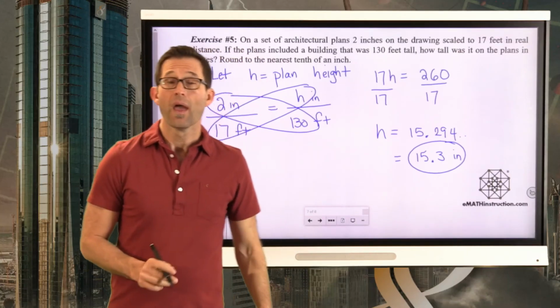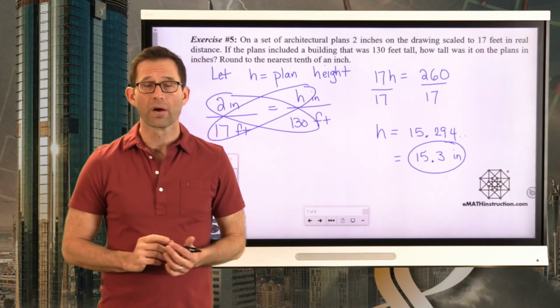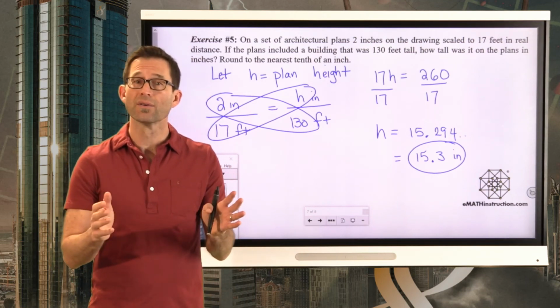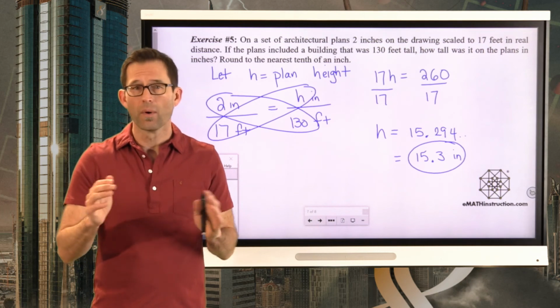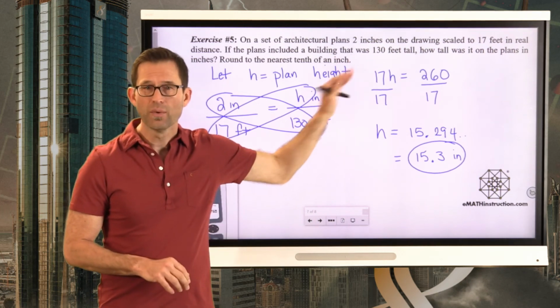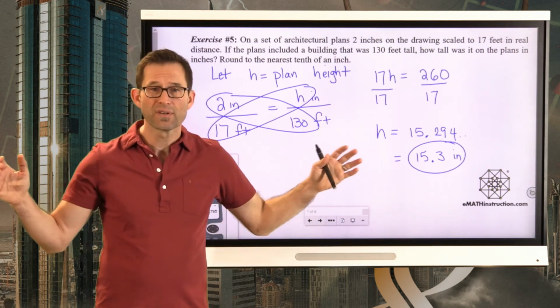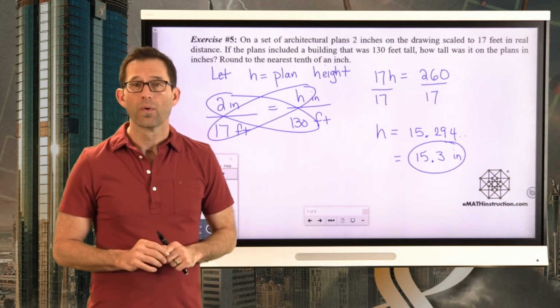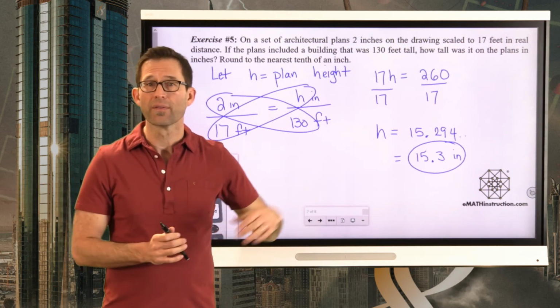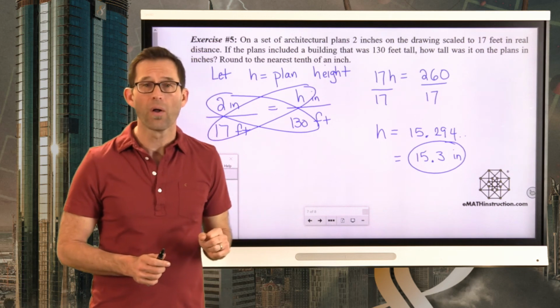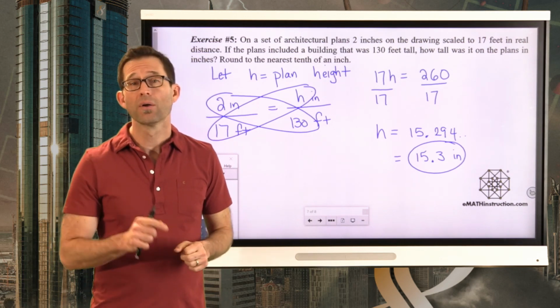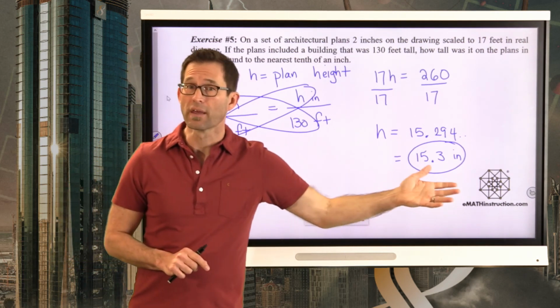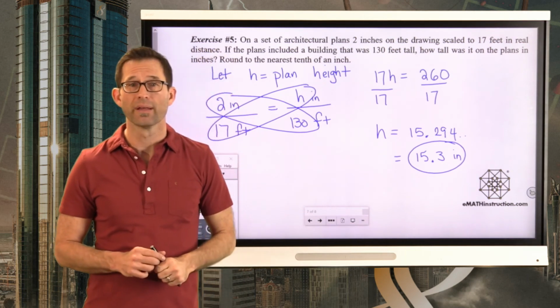And again, this is very often done on architectural plans when you're trying to scale something. You say, I know that I want 2 inches on the plan to be equal to 17 feet in the real world. But now I've got maybe some building that is 130 feet tall in the real world. How tall should I make it on the plans? Well, I should make it 15.3 inches on the plans.